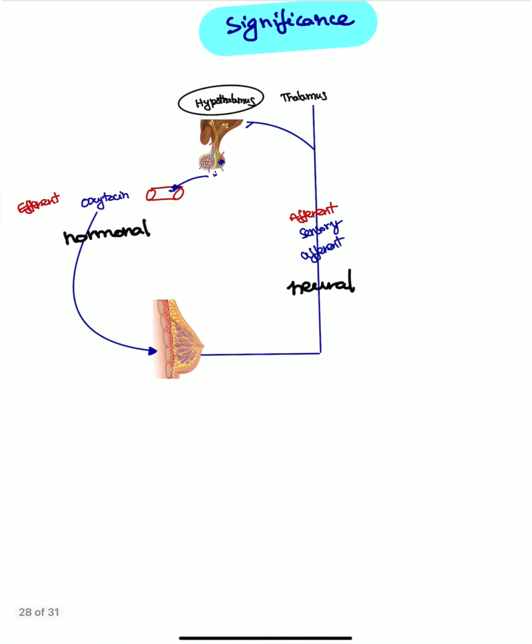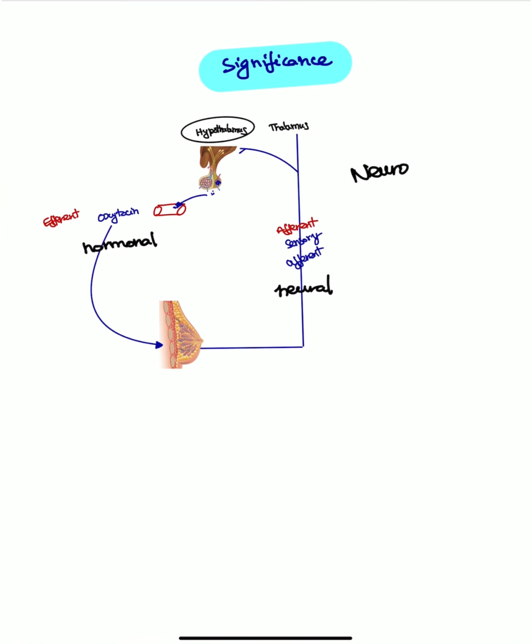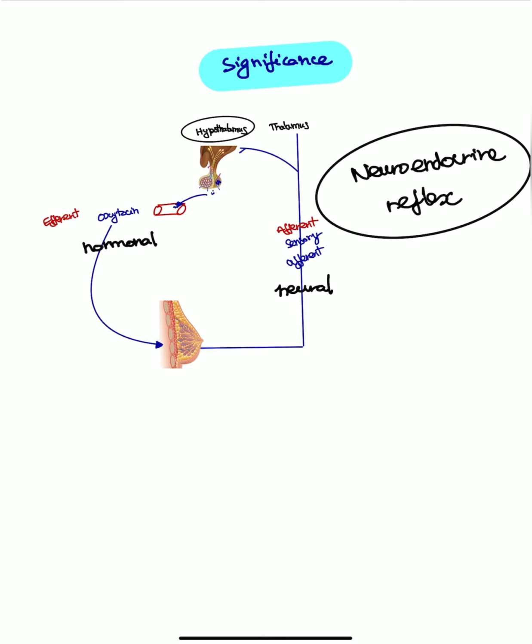Afferent is neural, efferent is hormonal. Another significance about this reflex is, every time the baby suckles the breast, more and more milk would be ejected. So this is an example of a positive feedback mechanism.